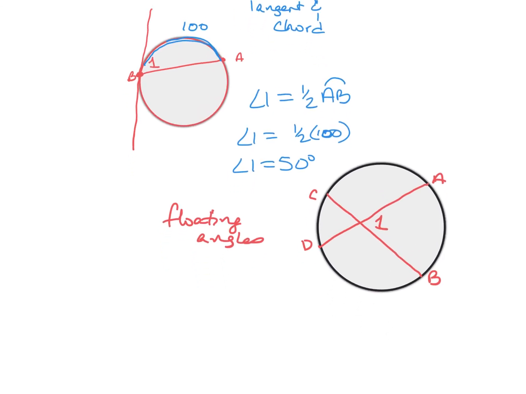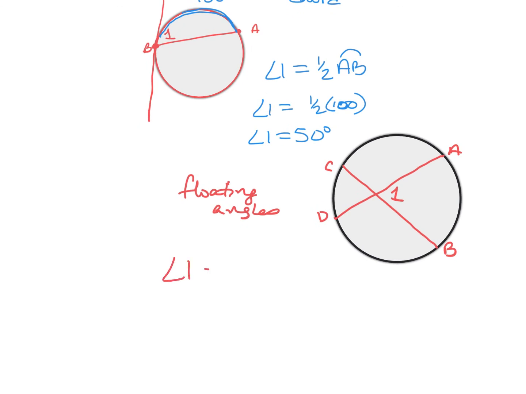So to find the measure of angle 1, you're going to add arc AB plus arc CD. So it'll be AB plus CD divided by 2.